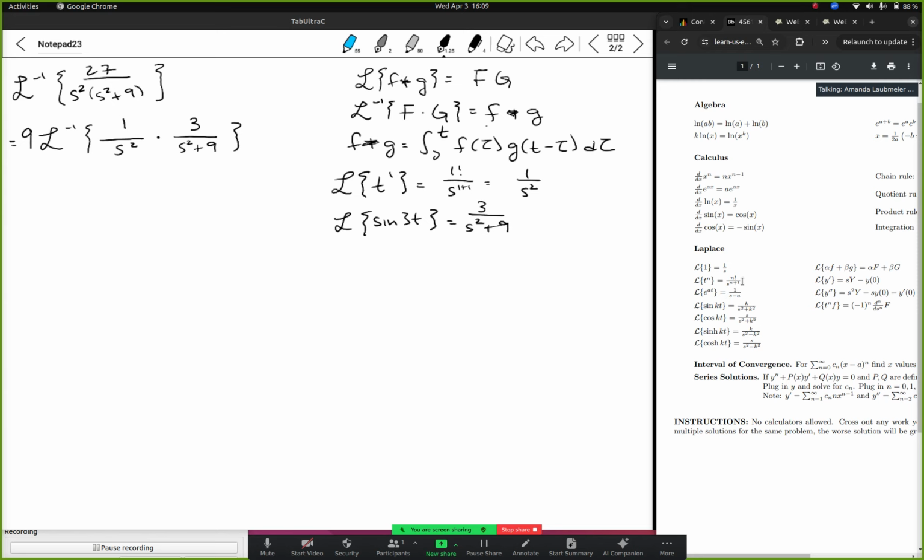And so what I've written here is the exact same as what's up top, but I've broken it down into things that look like f and g. And I was thinking about whether I want to swap the order of those, but I think I'm okay with using them this way.